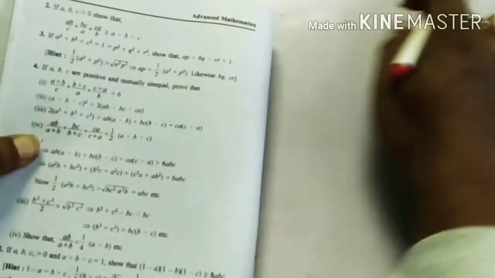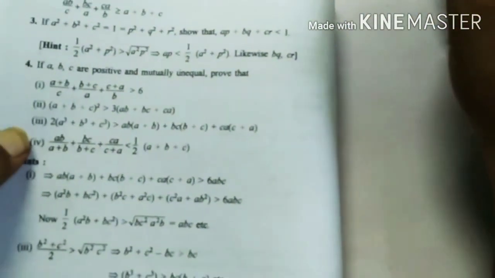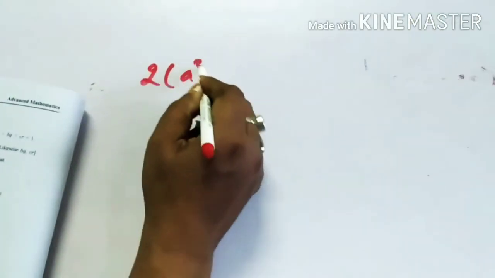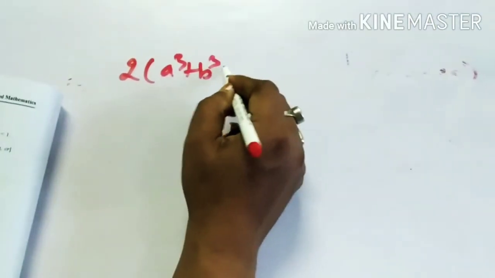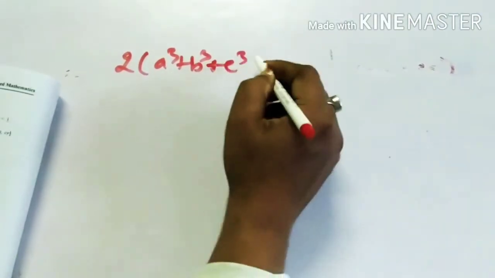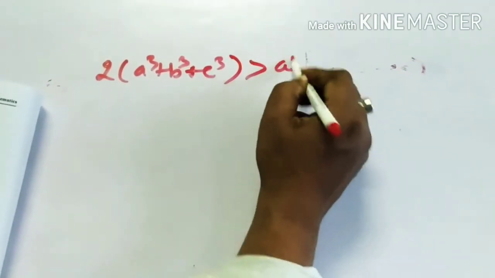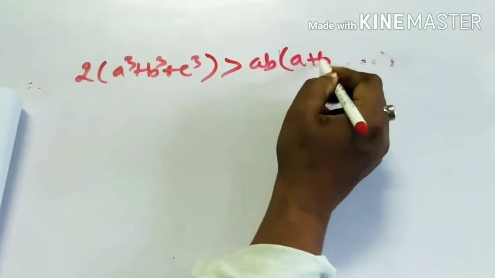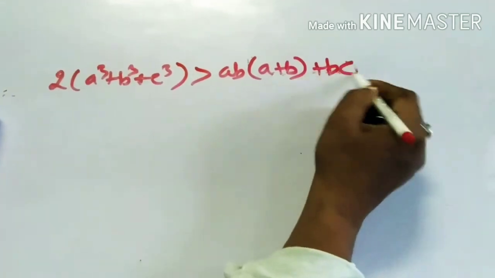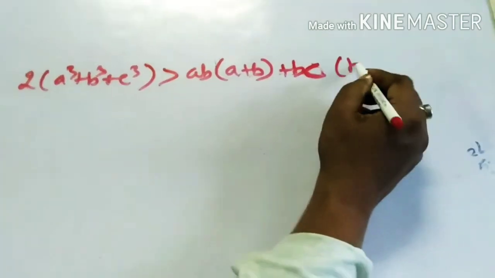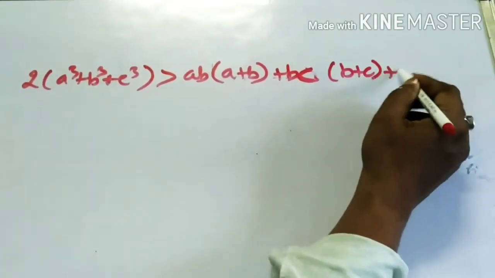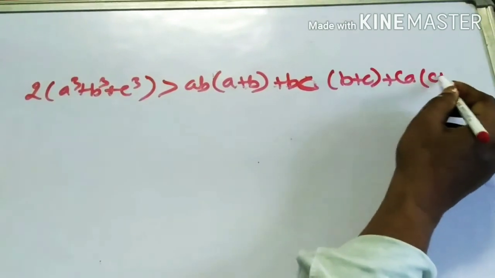Now the third is 4-3. Question number 3: 2(A cube plus B cube plus C cube) is greater than AB(A plus B) plus BC(B plus C) plus CA(C plus A).